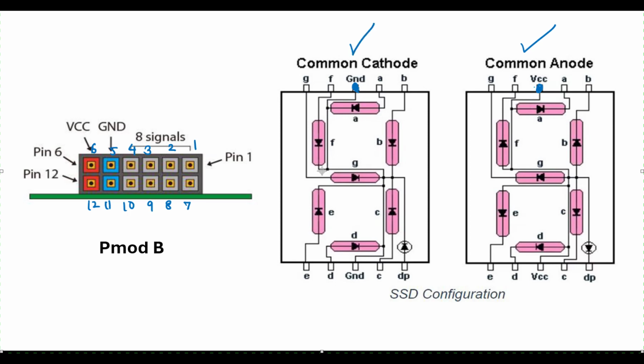So because I'm using common anode, I'm going to connect this terminal of my 7-segment display to one of these two pins. So let us say I'm connecting it to pin number 6. But in the lab, if you're using common cathode, make sure that you connect this terminal to pin number 5 or 11, whichever.